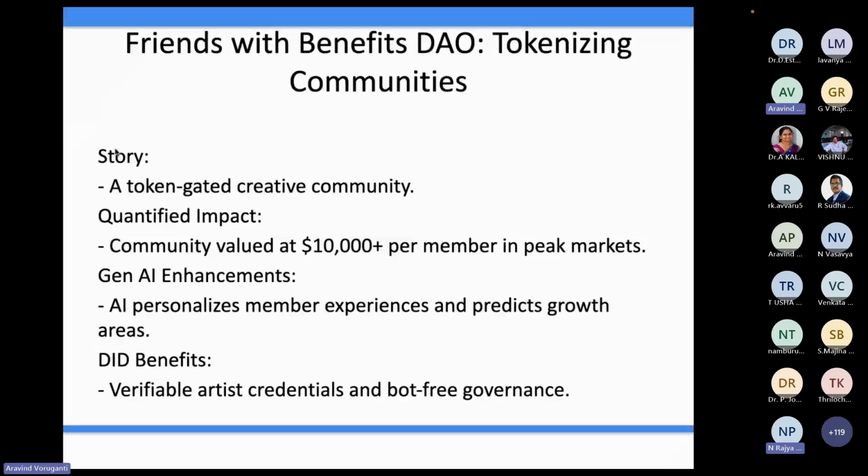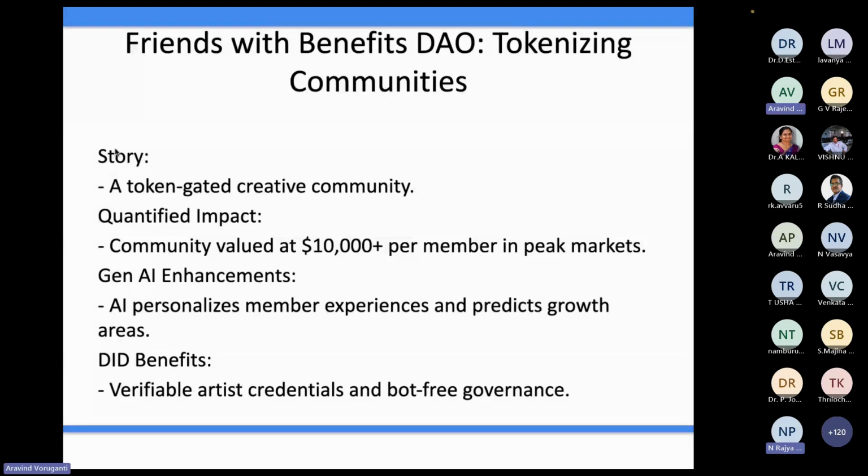And the next DAO example is Friends with Benefits DAO. So this is another crazy example of social media communities or friend communities coming into the world of DAO. So let's assume you can tokenize the communities also, right? Like say, for example, there are a lot of artists who have their own artwork.